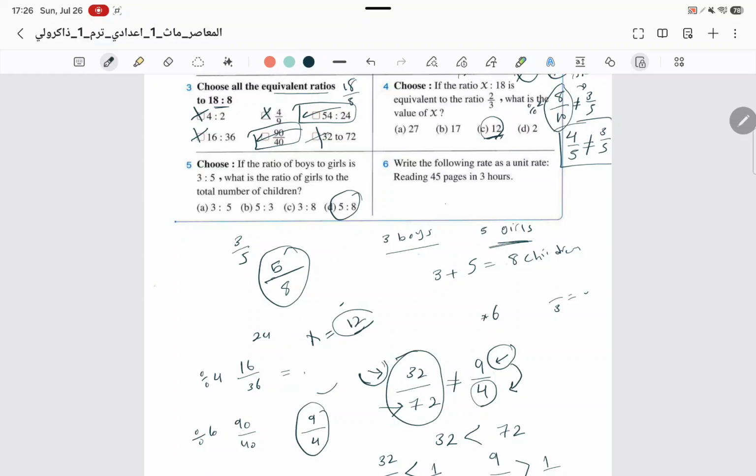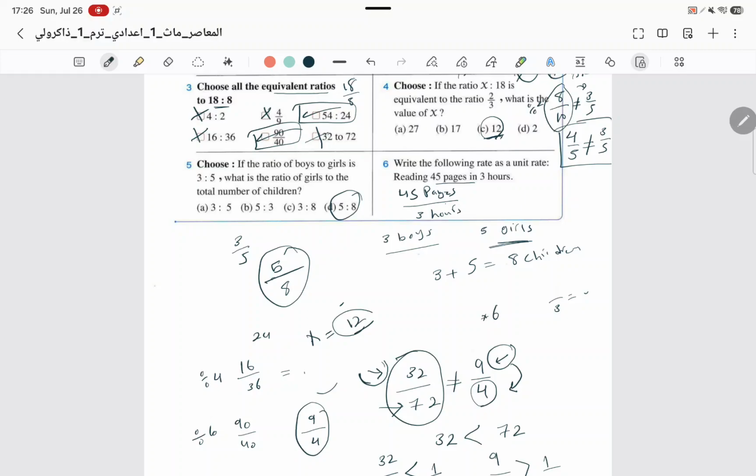Okay, the last example says: write the following rate as a unit rate. Unit rate means we have to simplify that one. Reading 45 pages in 3 hours.